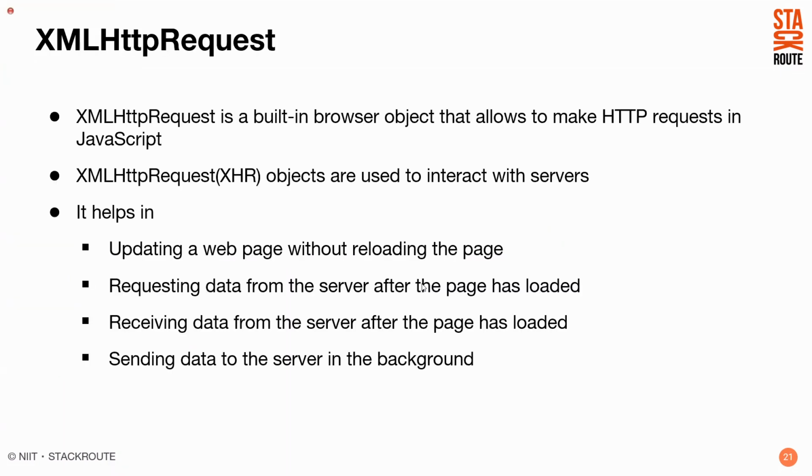In JavaScript, if you want to make an HTTP request, we have a built-in object called XMLHttpRequest. We will use the XMLHttpRequest object class, which is an inbuilt browser object that allows us to make an HTTP request in JavaScript.